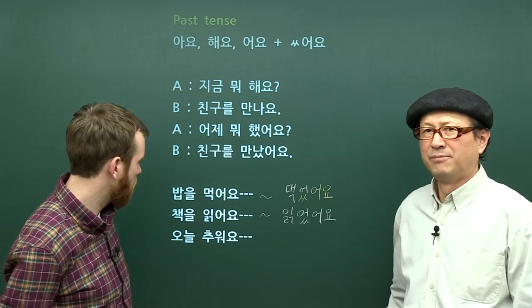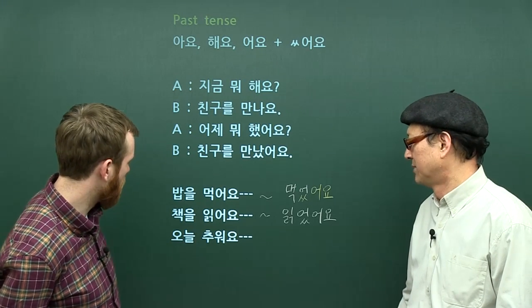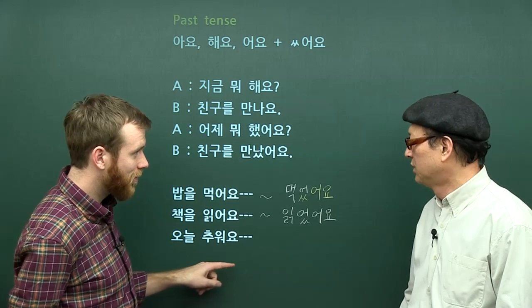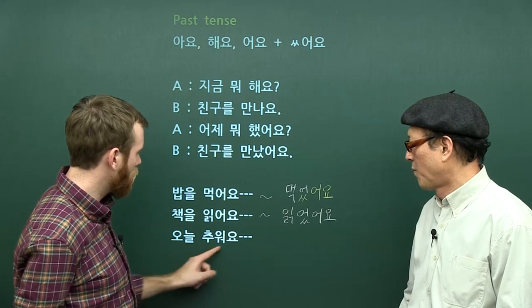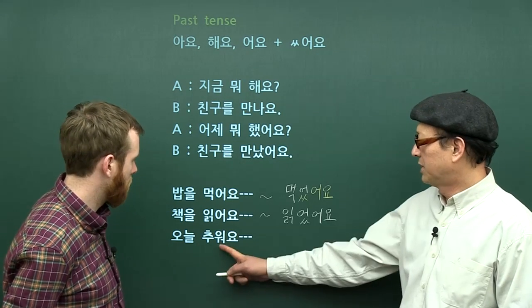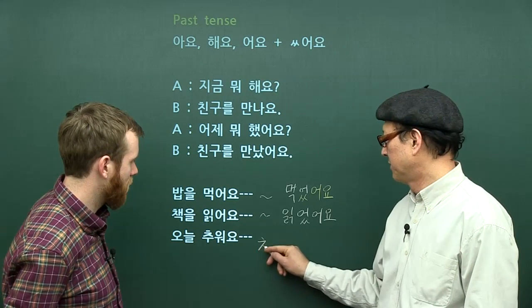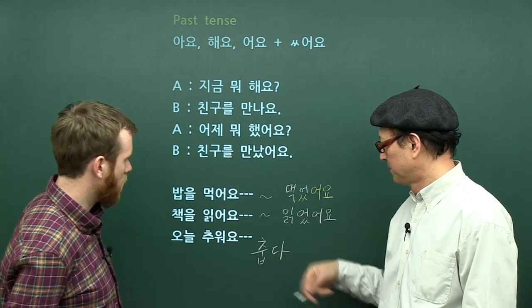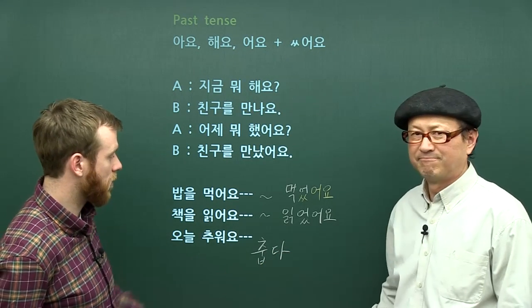All right, and our last example. 오늘 추워요. 오늘 means today. 추워요, cold. So 오늘 추워요 means today is cold. This is one of our irregular adjectives.